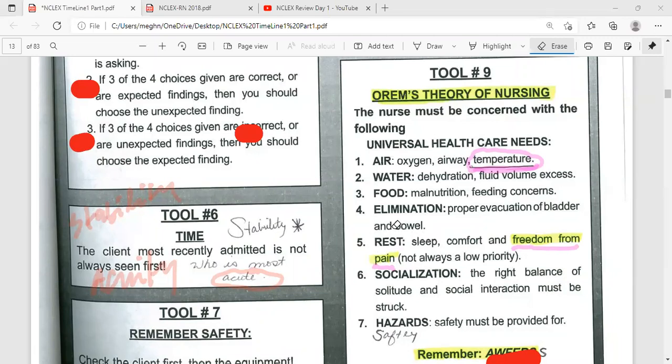After all of this, we need rest, enough sleep, comfort, freedom from pain, and socialization, the right balance of solitude and social interaction. And finally, hazard: safety must be provided for. Orem's theory of nursing was selected for this assignment as it can be applied in most practice settings.